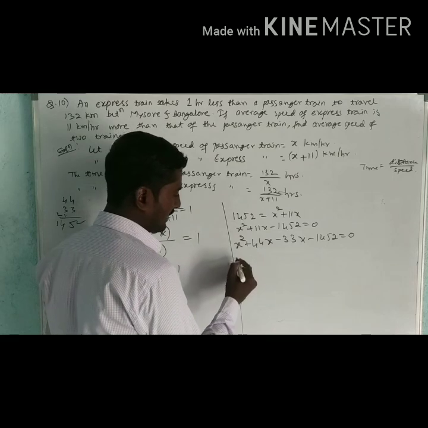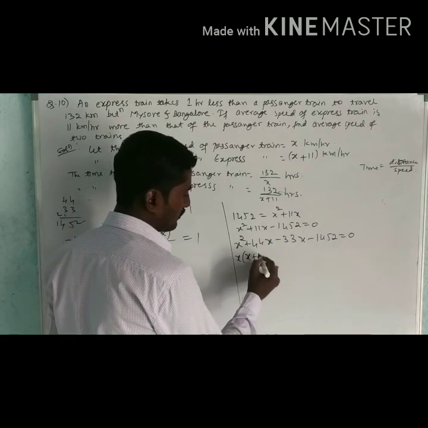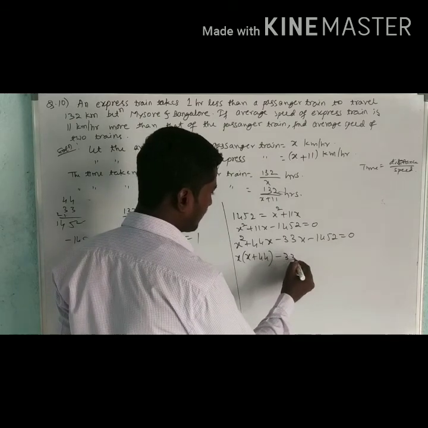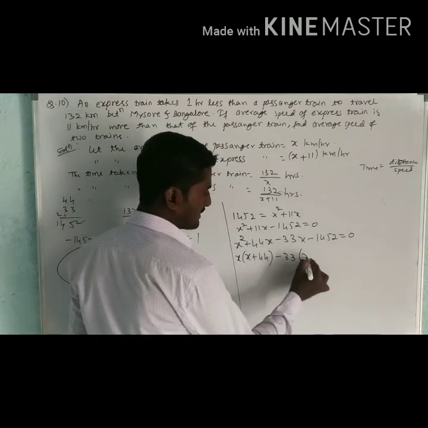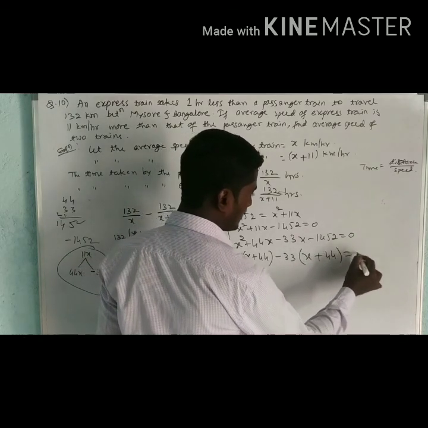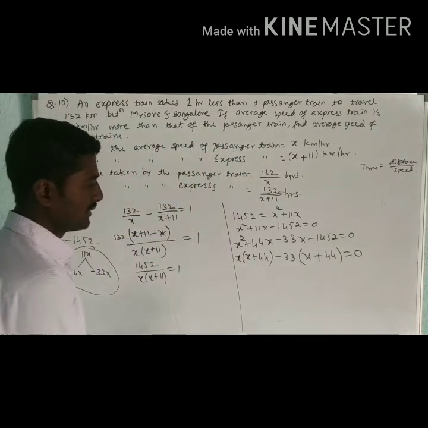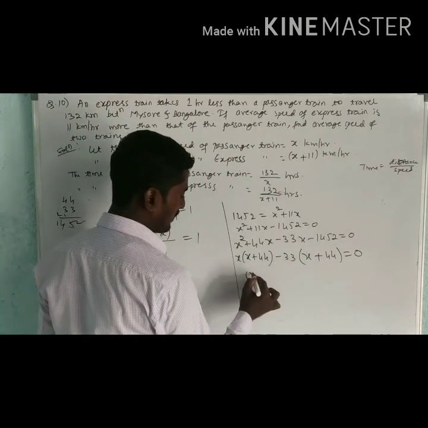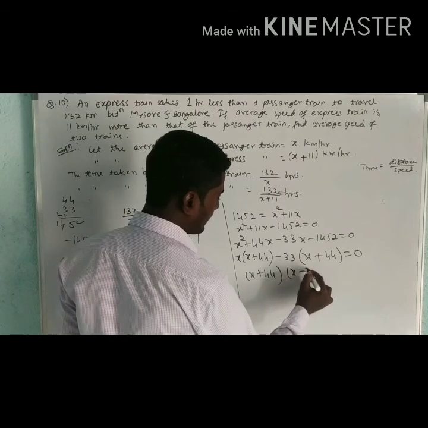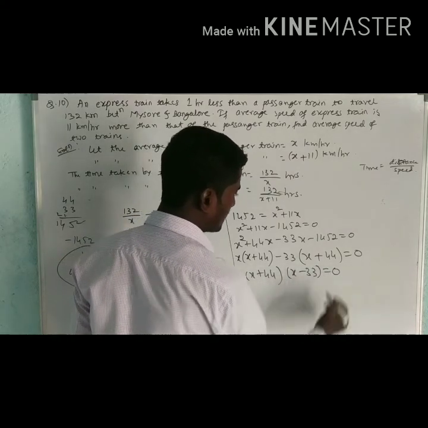So in this one I can take x plus 44 common, and in this one I can take minus 33 common, so inside x. Minus into minus is plus, 44 is equal to 0. Now x plus 44 take outside, inside x minus 33 is equal to 0.